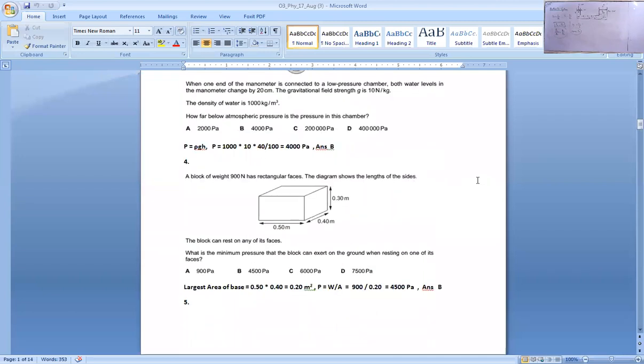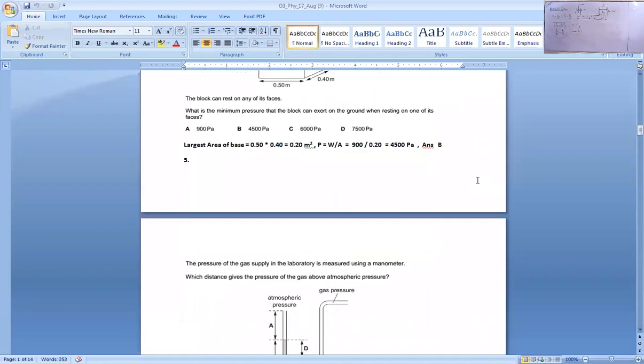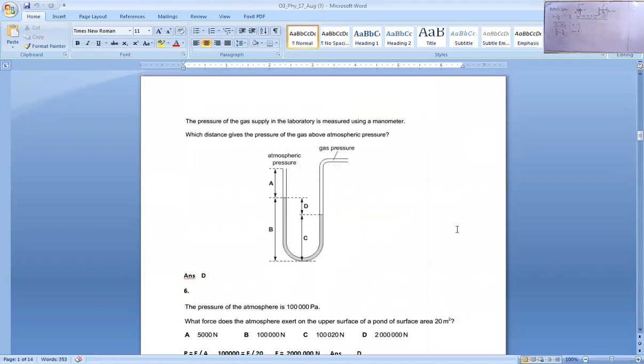Question number 4 we have done. Number 5. The pressure of the gas supply in a laboratory is measured using the manometer. Which distance gives the pressure of the gas above atmospheric pressure? So we have to find the distance which shows the pressure of the gas above atmospheric.